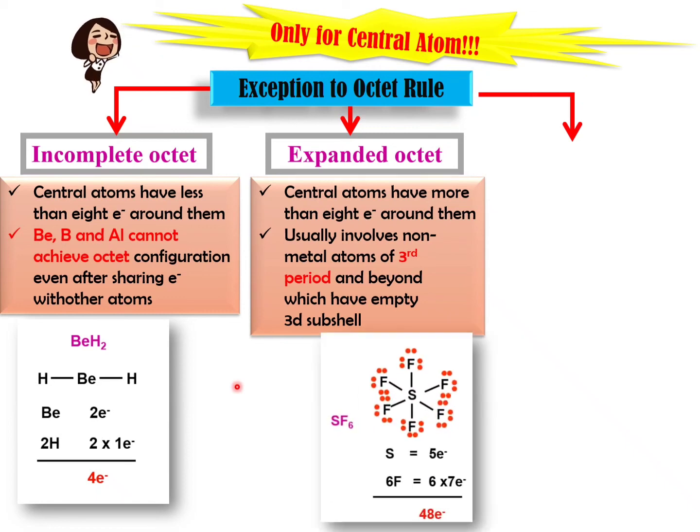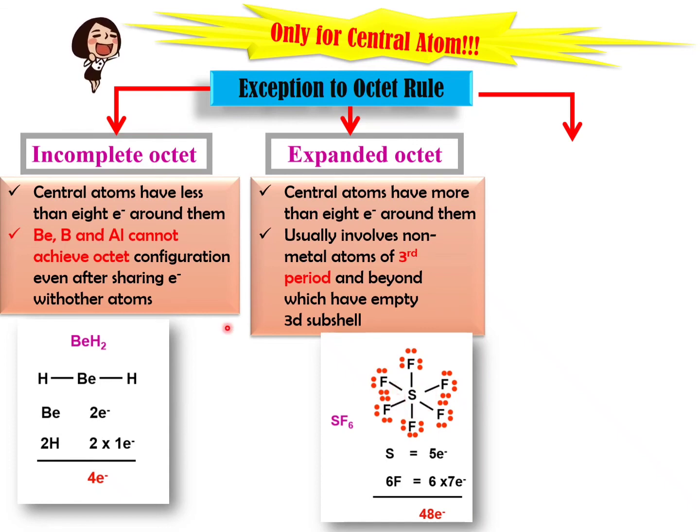Okay, so this is the example. So kita ada sulfur hexafluoride, SF6. So when you draw the Lewis structure, it should be like this. So ini adalah Lewis structure yang paling tepat untuk SF6. So you dapati pada sulfur ni, you tengok dia ada 2, 4, 6, 8, 10, 12 elektron.